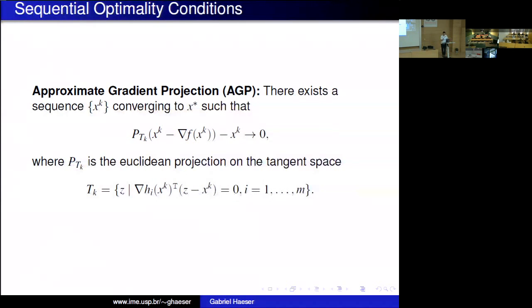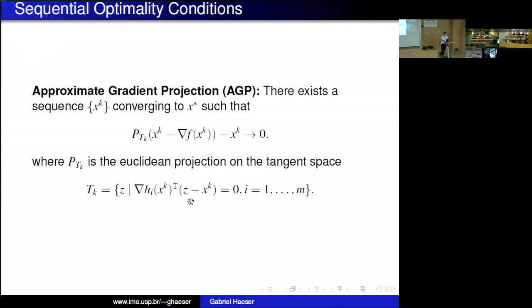So the first step, you get a point more feasible. In the second step, in the same iteration, you want to improve the objective function, but without losing much of the feasibility that you have obtained. So this is why we have to minimize at this tangent set here.